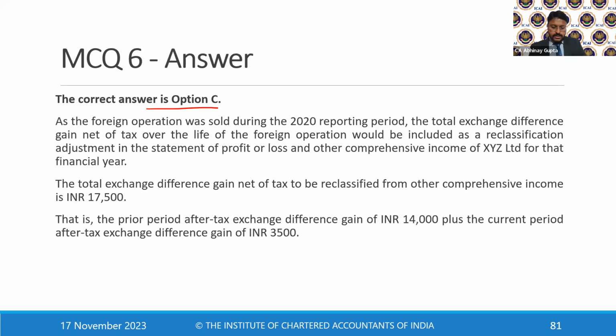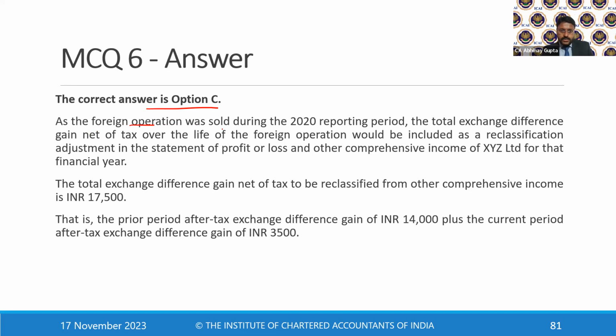Now, when we had discussed the concept of disposal, we discussed that the standard requires whatever is the outstanding accumulated foreign currency reserve to be reclassified from OCI to PNL on disposal, or in the year of disposal.